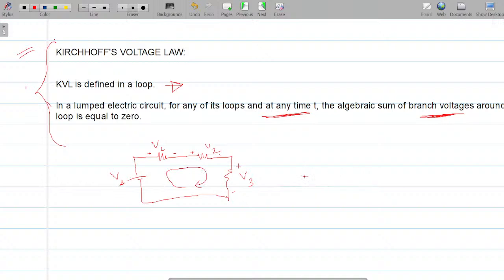So we will write plus Vs. Whenever we are traversing from plus to minus, there's always a negative sign. You need to understand this sign convention very clearly. Whenever you're traversing from negative to positive, the sign would always be positive. From negative to positive, positive. From positive to negative, negative.